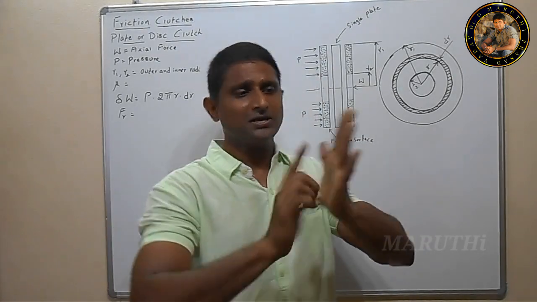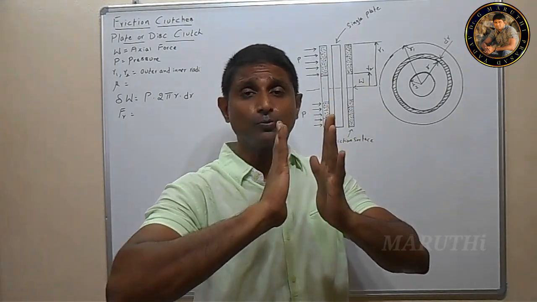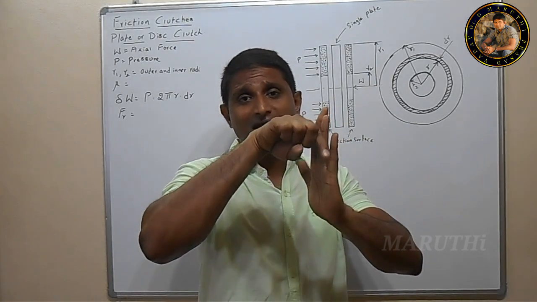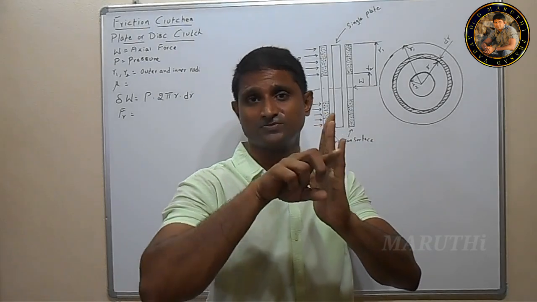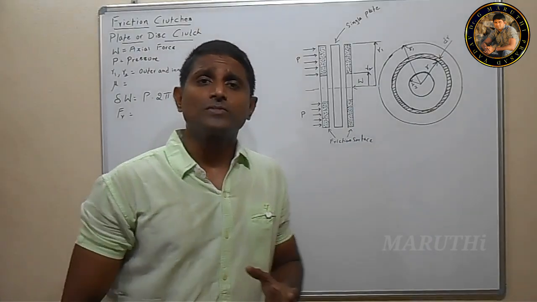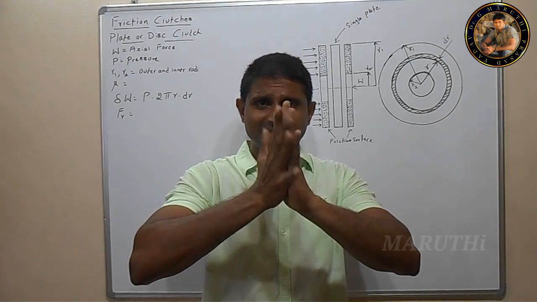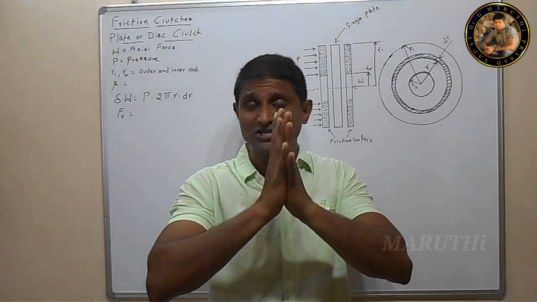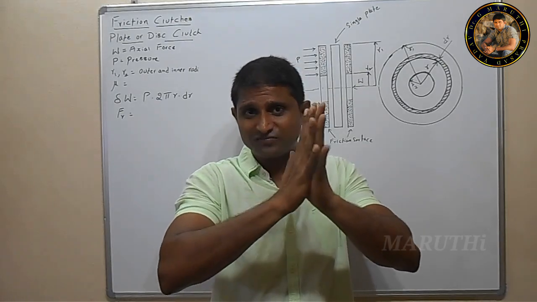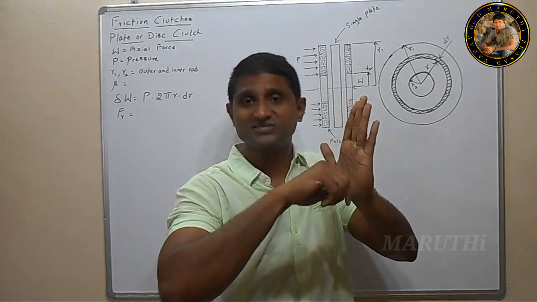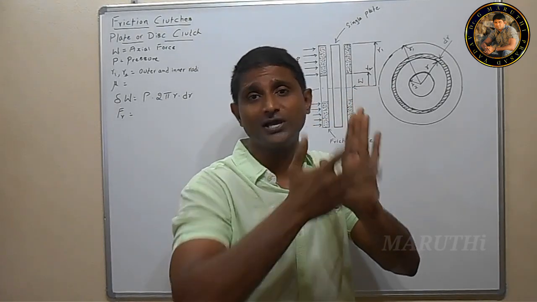There is a relative motion between these two plates, so a tangential or circumferential friction force develops. Because of this rotary sliding motion, a friction force develops in the direction opposite to the motion.